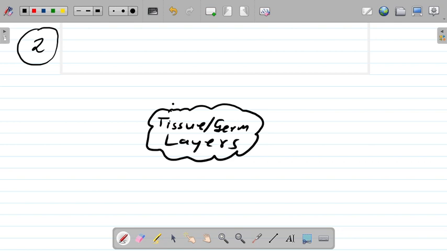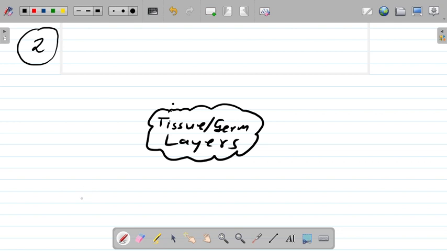The first tissues to form in an embryo are called your germ layers. From those tissues, it will give rise to different other tissues. It will differentiate into different organs. So those are germ layers.